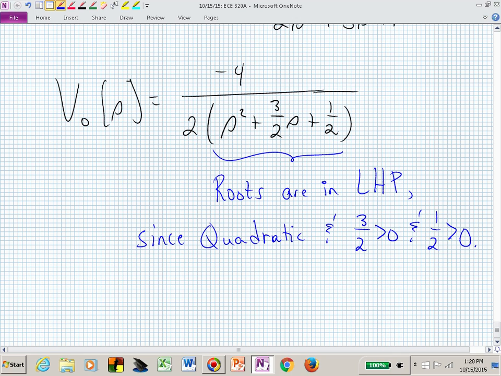And since the roots of my denominator are in the left half plane, where are the poles of V sub 0 of s? Or, in our formula, we need the poles of s V sub 0 of s. So if I now multiplied this by s, where are the poles of that? They're in the same location as the roots of that denominator, aren't they?